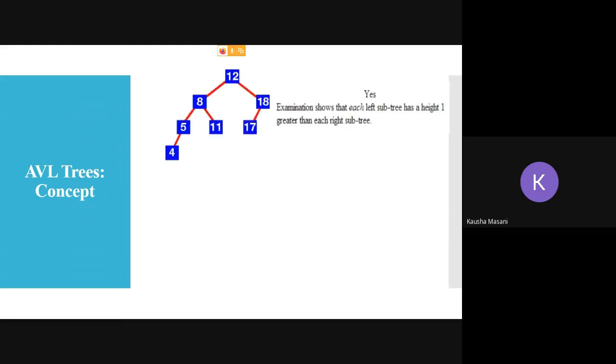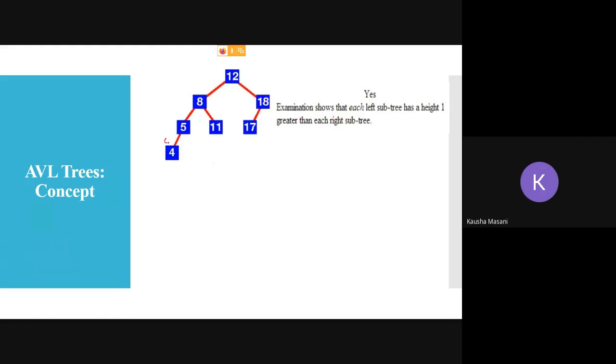Now see, have a look at this diagram. Here, each left subtree has a height greater than each right subtree. If you calculate the balance factor, what is balance factor at 4? 0.